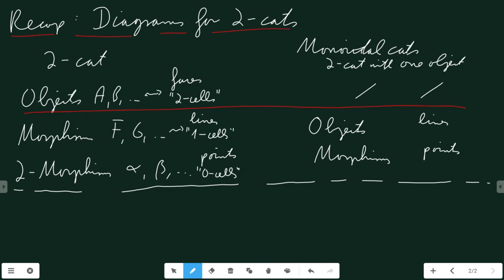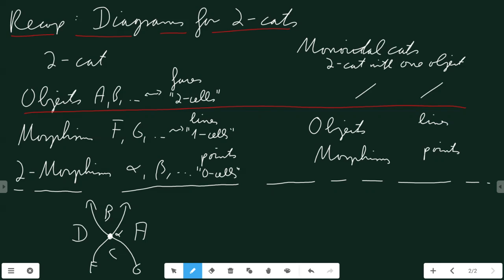Okay, here's an example. So on this side, we might have something like this. So here you have faces labeled by some object, whatever it is, A, B, C, D. You would have lines labeled by morphisms F and G, and you would have points labeled by 2 morphisms like alpha.